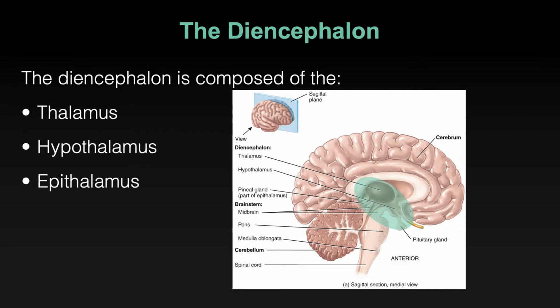It's in this section on Moodle. These structures surround the third ventricle. The opening with the cerebrospinal fluid is inside of the Diencephalon, and that becomes important in a second because we monitor the cerebrospinal fluid through some of these structures.